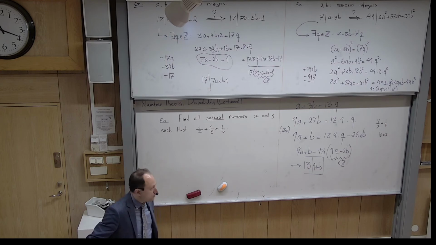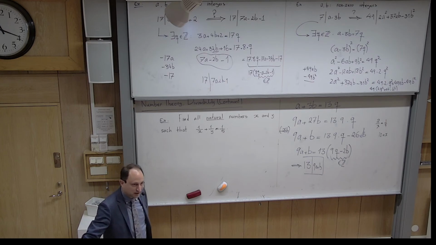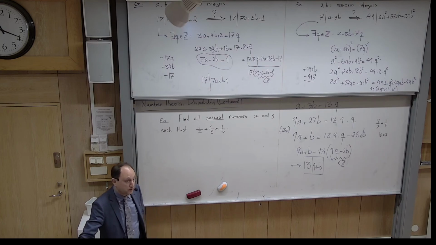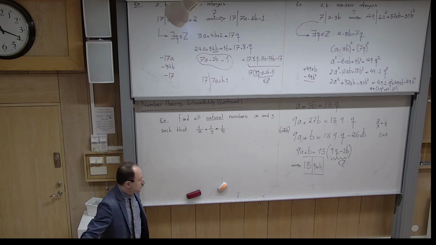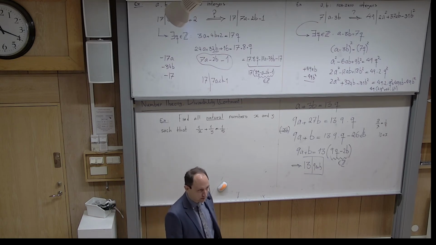And then you see that I have fractions involved. So this means that probably if you want to use the tools in number theory to solve the problem, it is better to get rid of fractions. So that is the most natural way for me, because I want to get rid of fractions to be able to use the tools of number theory.